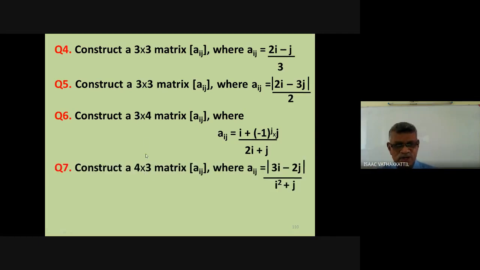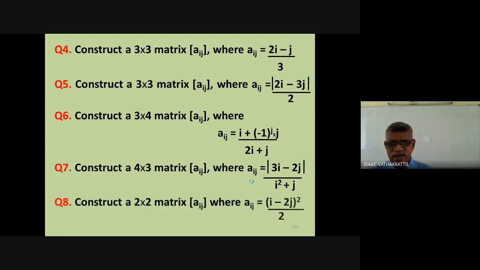Remember, it was 3 by 4; now here it is a 4 by 3 matrix Aij. 4 by 3 means 4 rows and 3 columns. 3 by 4 means 3 rows and 4 columns. Aij is equal to the modulus of (3i - 2j)/(i squared + j). Be careful about the substitution, right? Construct a 2 by 2 matrix Aij, where Aij is equal to (i - 2j) whole squared upon 2.